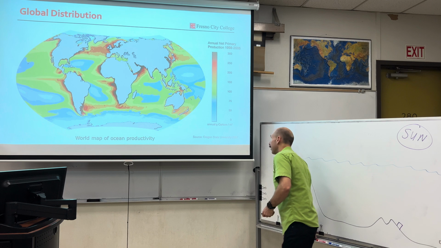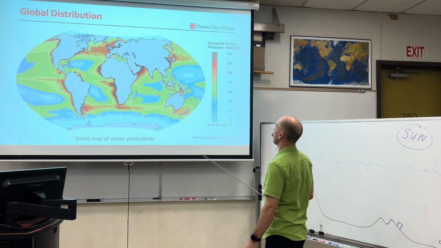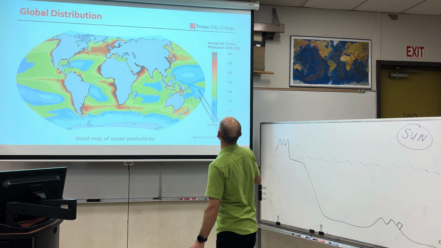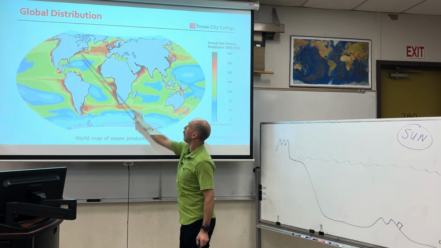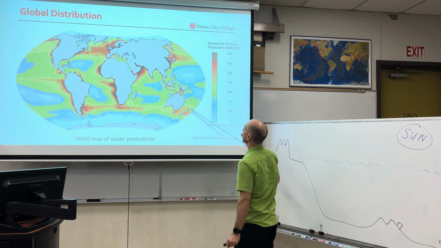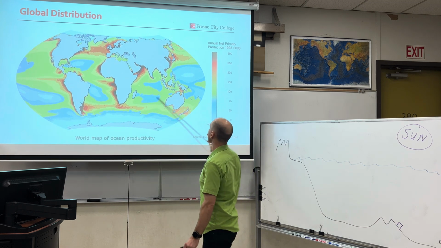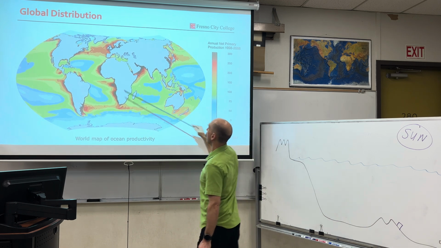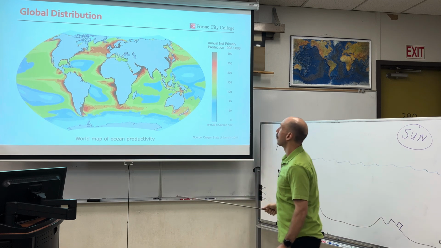If we look at net primary production globally, we can see some patterns emerge. Reds are high, blues are low. Low at the poles, low in tropical regions, I'm sorry, high in temperate regions.